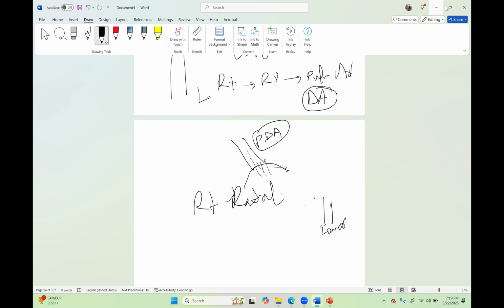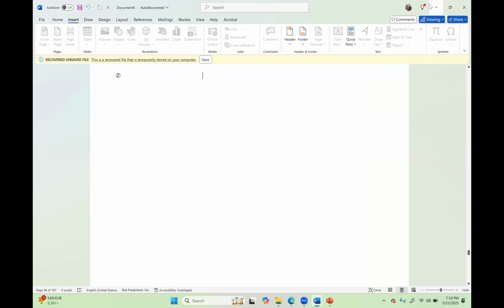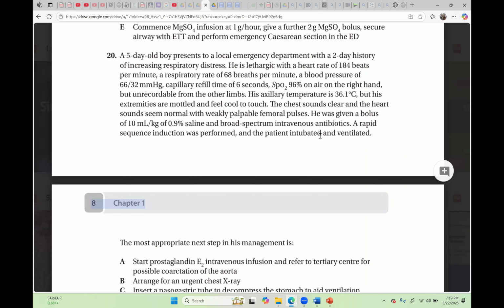So that was the point in this MCQ, that there was coarctation of aorta. There were signs of poor circulation, as this baby presented with lethargy, tachypnea, tachycardia, and low blood pressure, signs of poor capillary circulation, and weak femoral pulses.